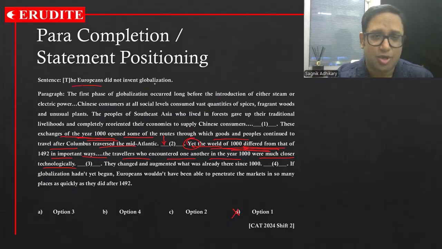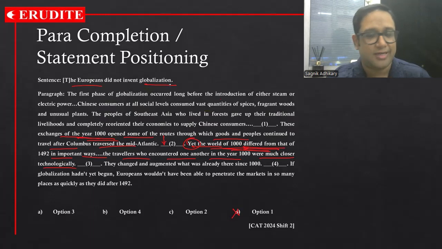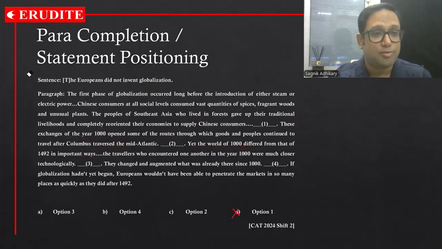The given statement, Europeans, globalization, does not fit in between. Statements before and after blank 2 are interconnected to each other by the subject, the world of 1000. So clearly, the given sentence would not fit here. Blank 2 can also be eliminated, which means option C is knocked off the board.